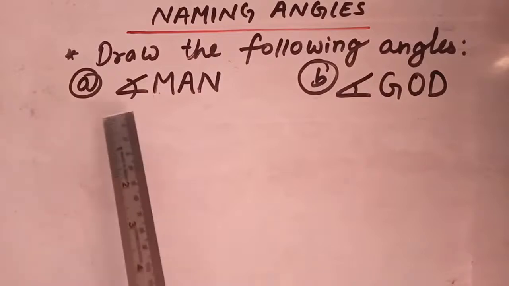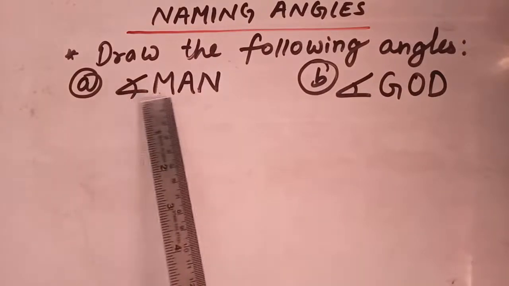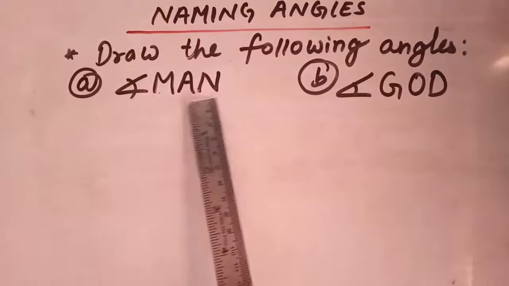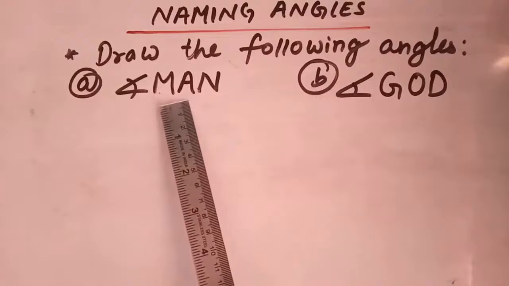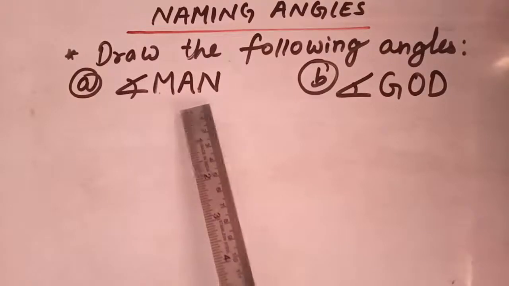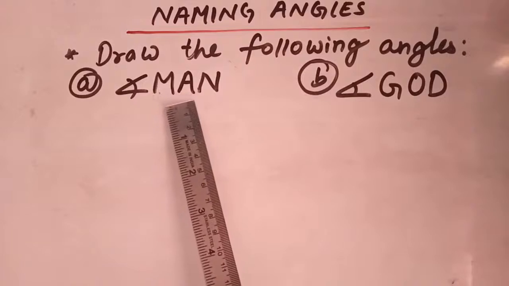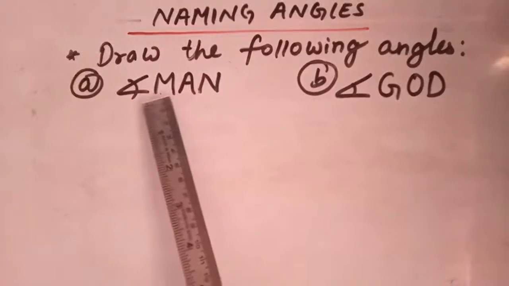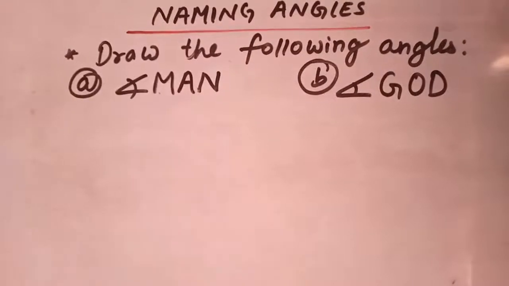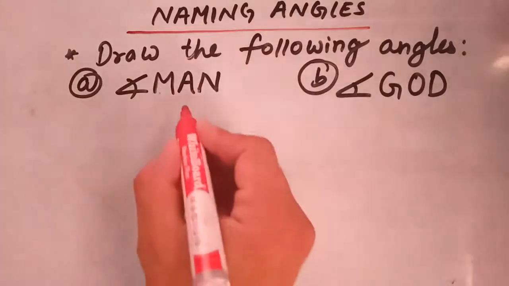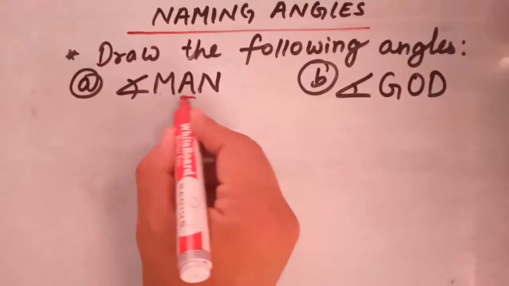As you can see, angle MAN, here the vertex matters a lot. As I have already told you, the letter which lies in the middle is your vertex. So here your vertex is A. As we can see, A lies in the middle.